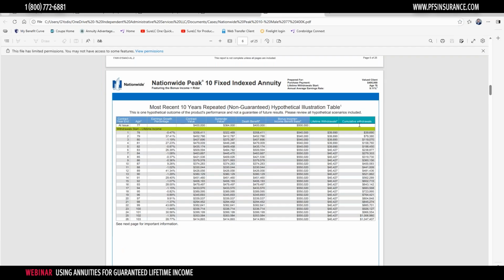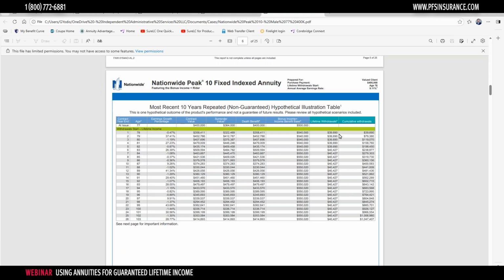And then if you see over here, the cumulative withdrawals, they've actually received $723,905. So that's what they received in income, but they still have approximately their initial premium in there. And that's based on market gains based on the indexes and having the income rider on there with the benefits to be able to generate that higher income.